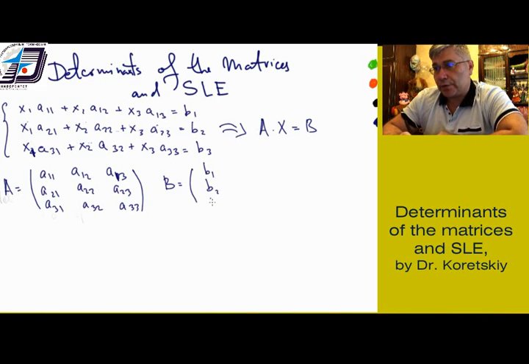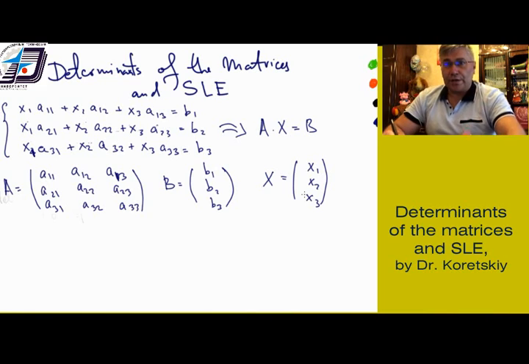B consequently b1, b2, b3, and matrix X here, x1, x2, and x3.